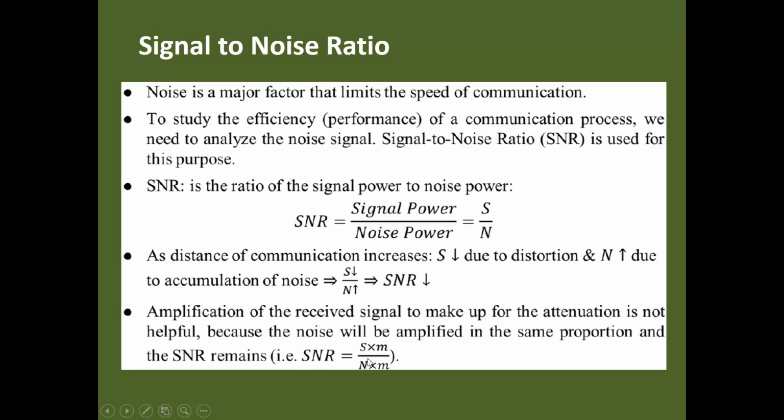In that case, the signal to noise ratio remains the same, which is our metric to judge the performance of the communication system, right? So the amplification will not help. We will have to devise other methods and techniques to improve the signal to noise ratio.